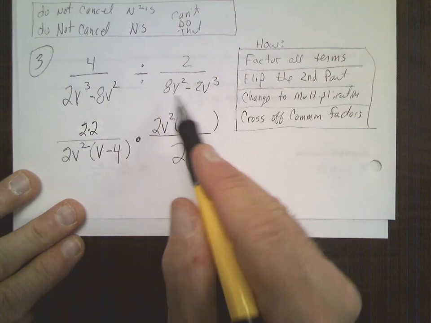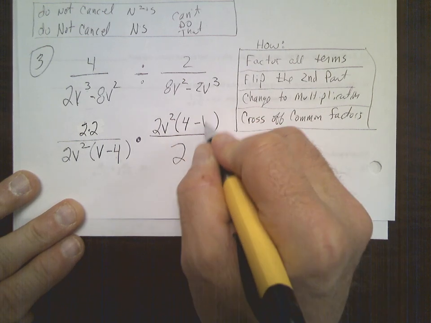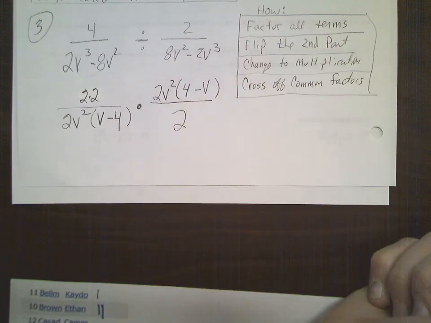Let's see. Actually, it's going to be 4 minus v, which is what you said, but I like it as 4 minus v. I'll give you the point. Back to Shelley. Can you cross anything off, Shelley?